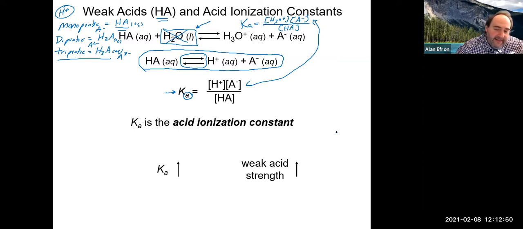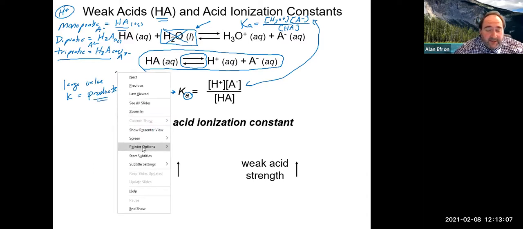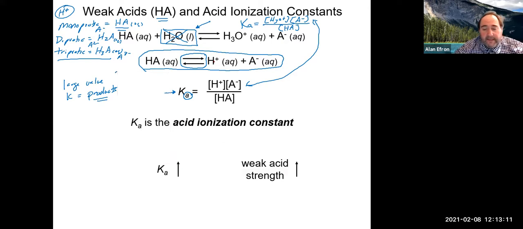And why is that? It's really the same idea as what we talked about with basic equilibrium. If I have a large value of K, that means when I reach equilibrium, I mainly have products present. And if we look at our equation here, if I have mainly products when I reach equilibrium, that means I have a lot of free H plus.